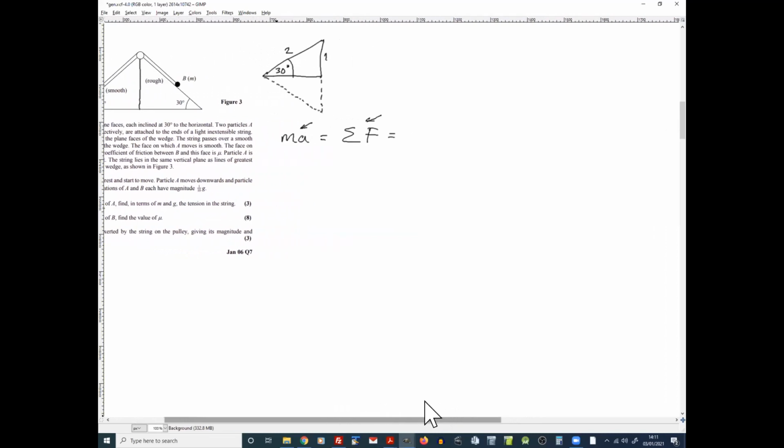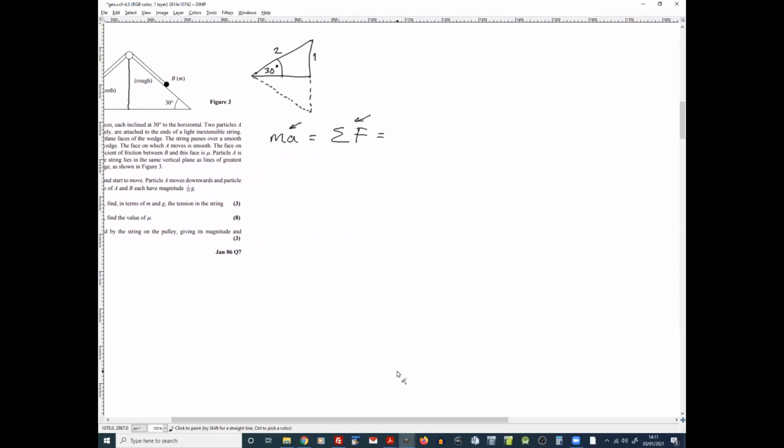Which direction does weight act in? Weight acts down the slope. Well, it acts straight down. It acts straight down, but then it's going to be going into the slope and down the slope. Oh yeah, we're going to resolve it that way and that way.